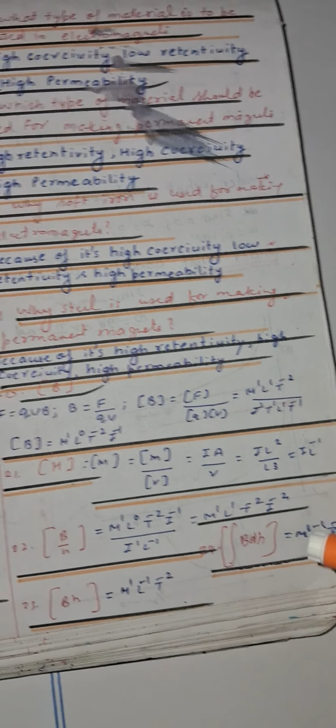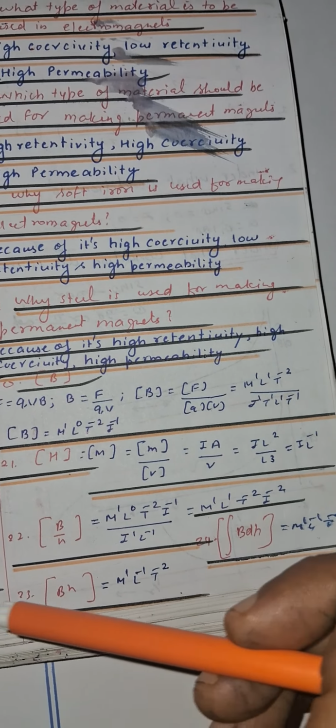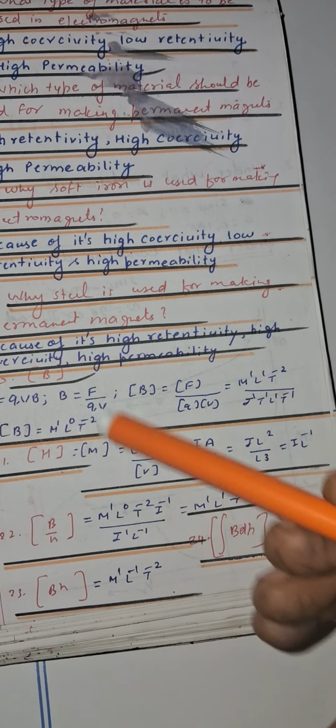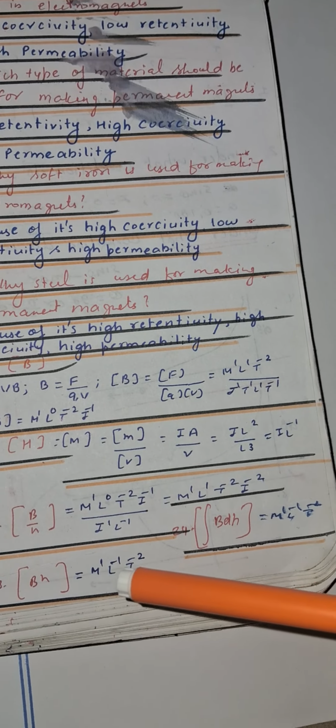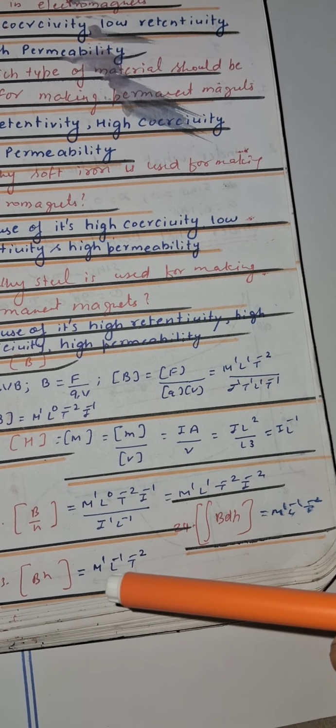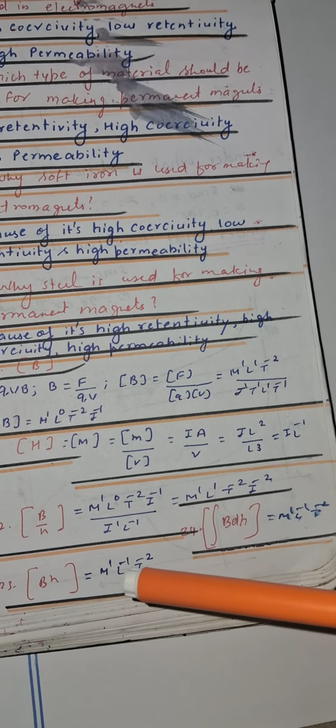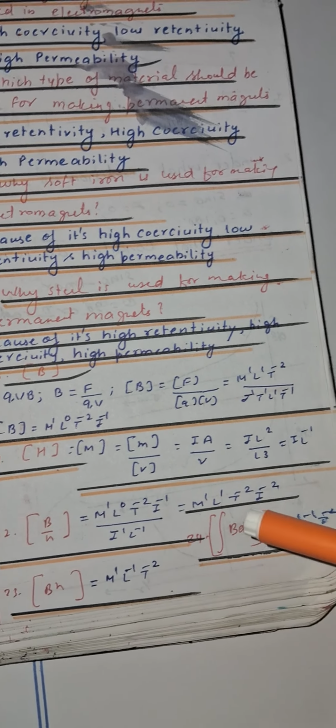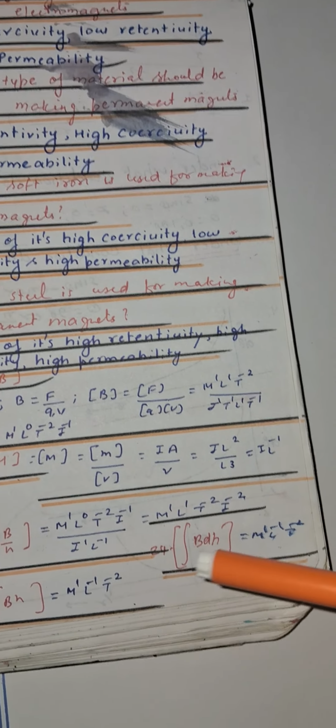Then we have the dimensional formula of B into H. Multiplying the two terms, we have the dimensional formula as M1 L minus 1 T minus 2. Then we have the dimensional formula of the integral B dH.